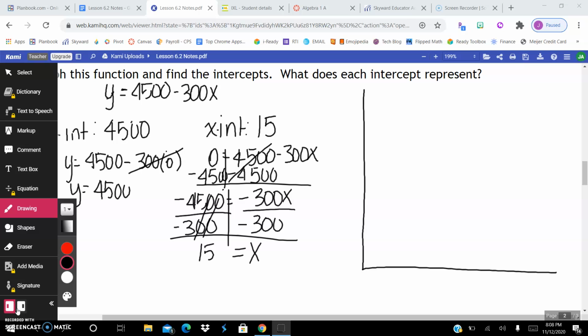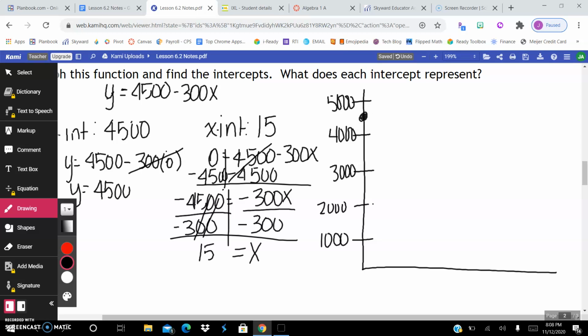I'm going to go up by 1,000s on the y-axis since I have to get to 4,500. And so that would go right about there.